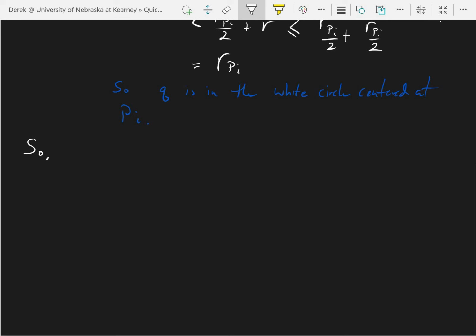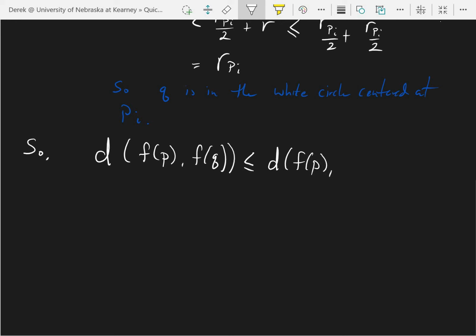So the distance from f of P to f of Q is less than or equal to the distance of f of P comma f of P sub I plus the distance from f of P sub I comma f of Q, which is less than epsilon over 2.